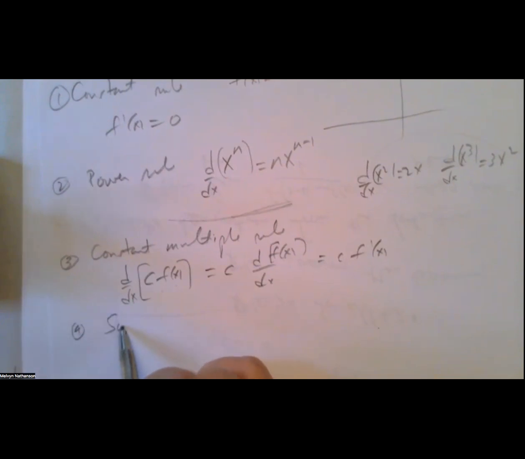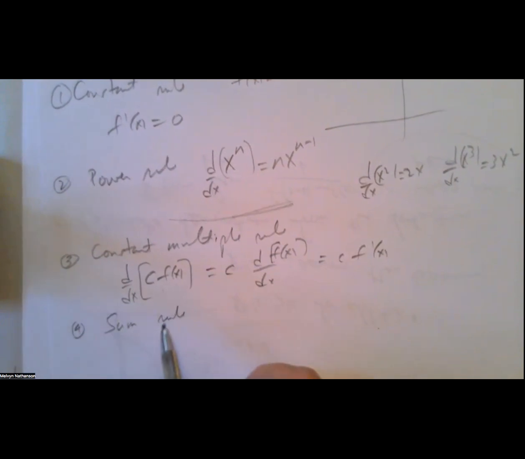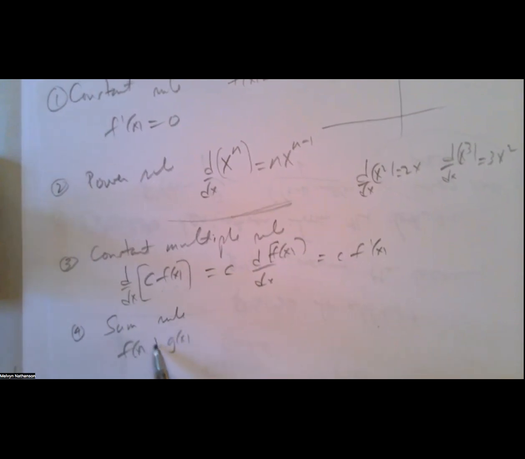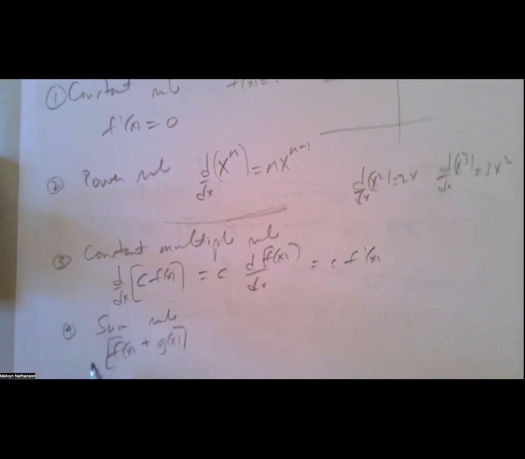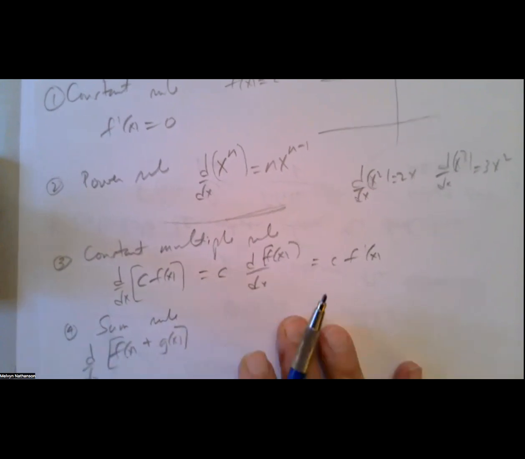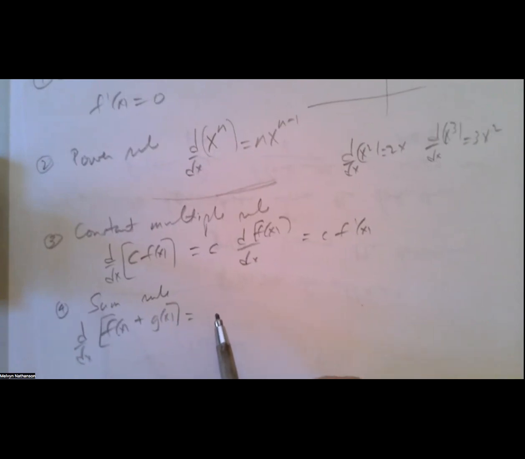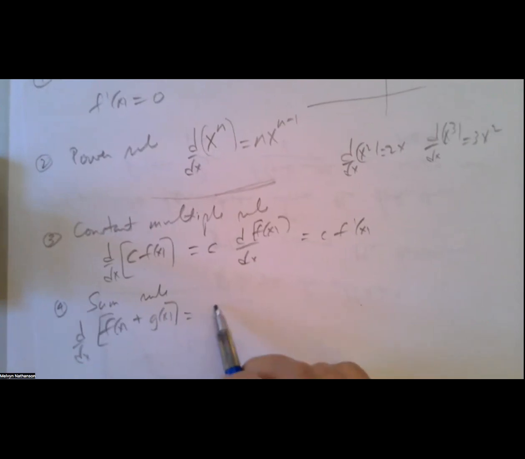There is the sum rule. If you have two functions, f of x and g of x, and you add them, and you take the derivative, the derivative of the sum is the sum of the derivatives.